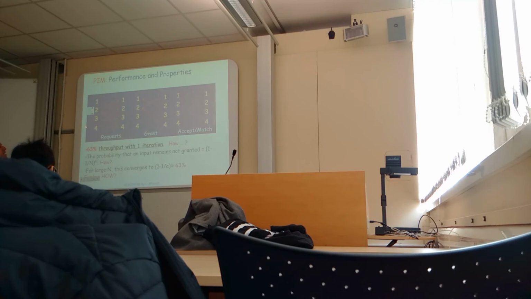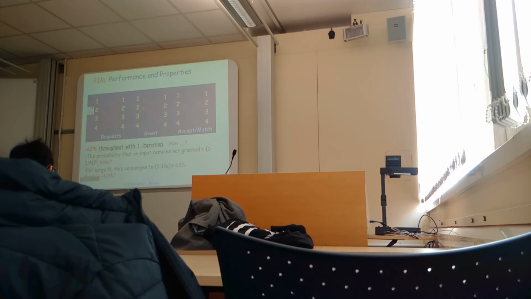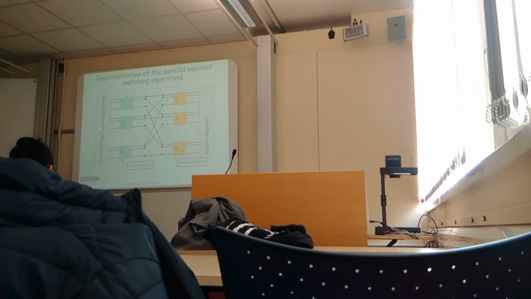Because I get the state of the input queues, and every input port has n values, so n by n, and that gives you the state in bits. Every queue is represented with 1 bit saying, do I have traffic or not? If it has traffic, there is a signal saying there is a request. Clear? So this is the input of the algorithm, or of the circuit. This is the hardware circuit. Okay?